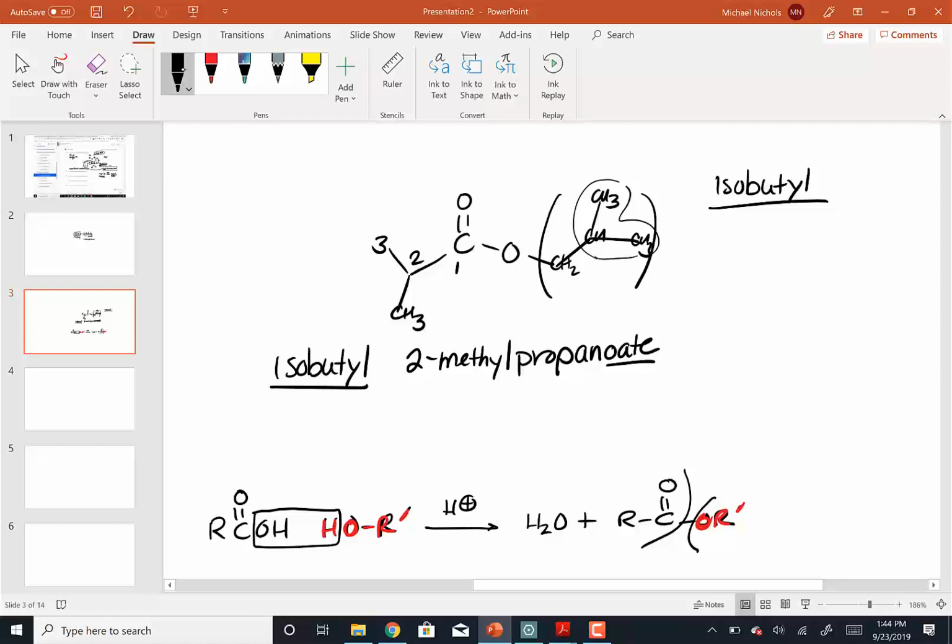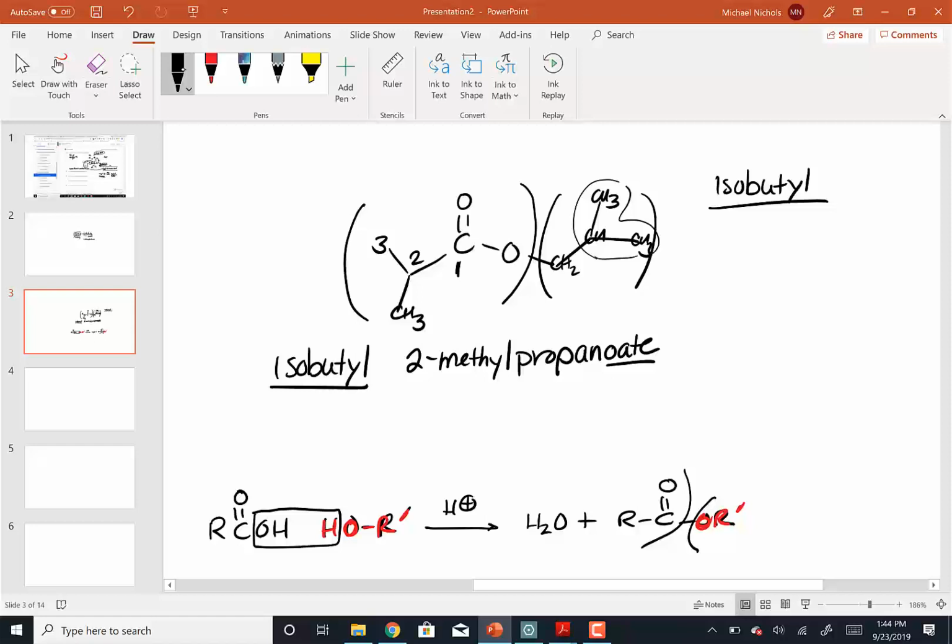Can we go over one more time where the propan came from? So the propan came from the fact that now I'm going to basically look at this part of the molecule, and I'm going to name it as if it was a carboxylic acid, but then I'm going to change the suffix at the end. So knowing it's a carboxylic acid, or an ester, I have to start numbering at the carbonyl.